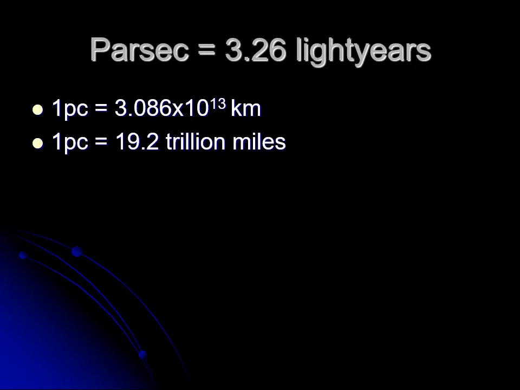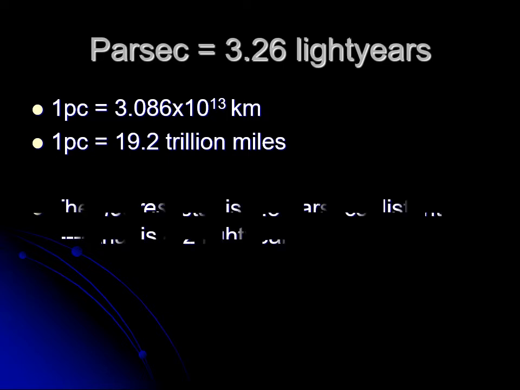A parsec is the distance that makes 1 arcsecond. It turns out, we've later figured out how big an AU is. So we know that a parsec is 3.26 light years. So that means 1 parsec is about 31 trillion kilometers. That's about 19 trillion miles.